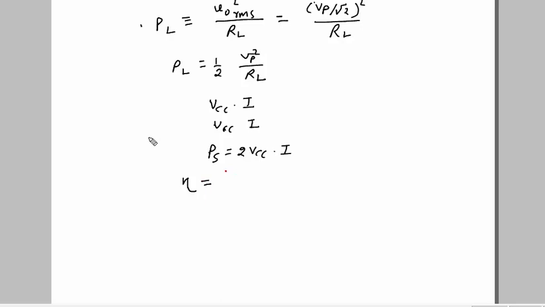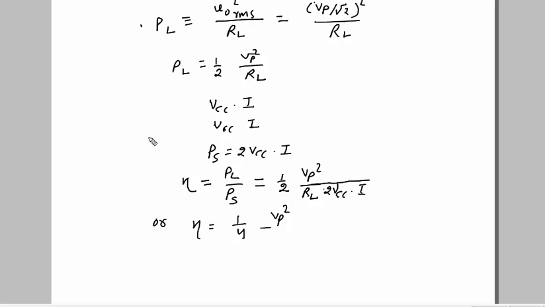Now if you put this in the formula of efficiency, eta equals PL by PS. First we write PL, which is half Vp squared by RL, divided by 2 VCC into I. This will be the value of eta, or we can write eta equals 1 by 4 Vp squared divided by I RL into VCC.